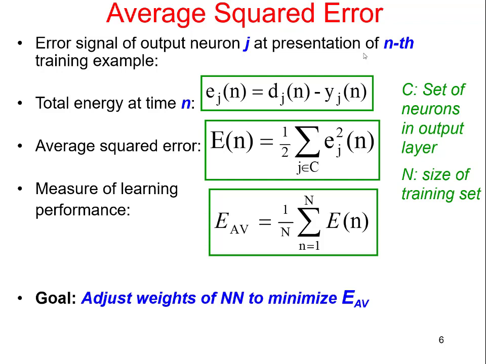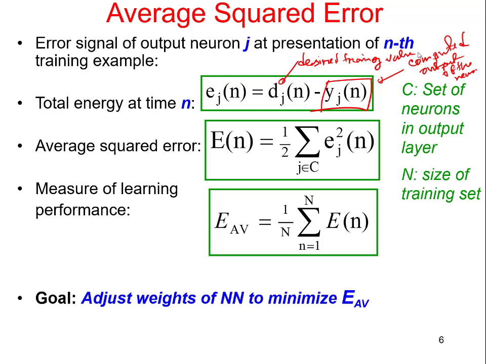For that nth row, the output of that neuron j will be yj(n). That is the computed output from the neuron, and dj is the desired training value that is provided.